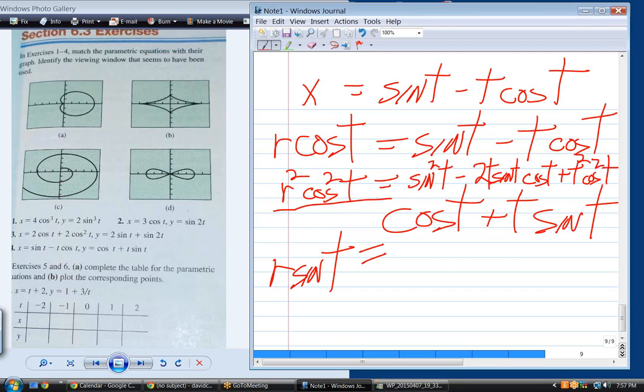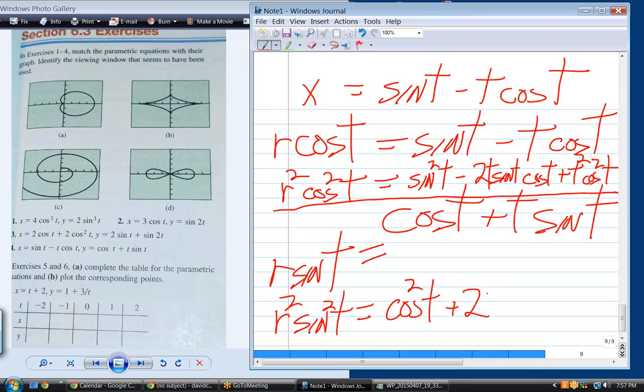You with me? I'm going to do the same thing to the bottom. I'm going to square both sides. r squared sine squared of t equals cosine squared of t plus 2t cosine t sine t plus t squared sine squared of t.